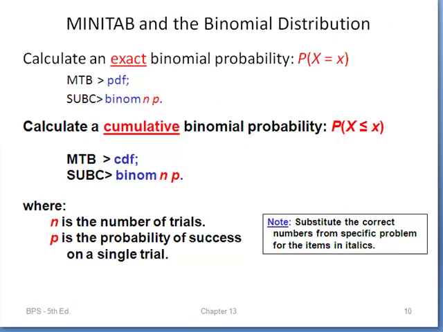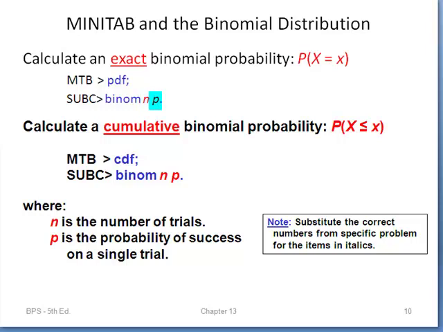Well, here are the commands. Here's the first command for the PDF. Again, I'd rather you not use that, because you're not going to be given that on a quiz or a test, but you would just do PDF, semicolon, because you have to let Minitab know what probability density function it's doing, what distribution it's in, rather. And so you'd have to let it know binomial and give the parameters. And remember, the parameters are n, the number of trials, and p, the probability of a success.